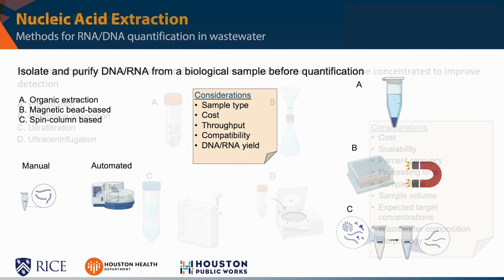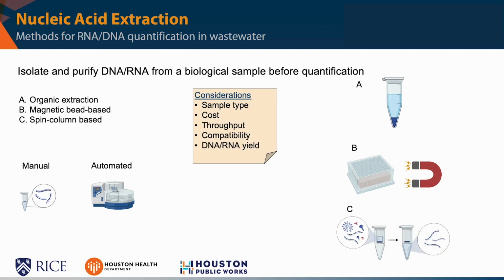Following concentration, samples undergo nucleic acid extraction to isolate DNA and RNA. Common extraction methods include organic extraction, where nucleic acid isolation is achieved by adding a series of chemicals to the sample to digest proteins and non-nucleic acid cellular components, and to separate out these components from the nucleic acid so that the nucleic acid can be easily removed and transferred to a separate tube.